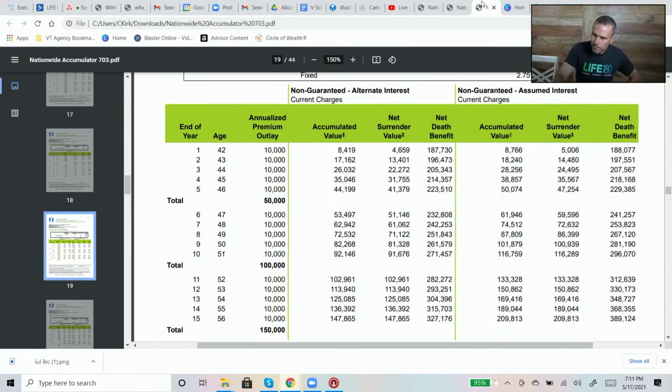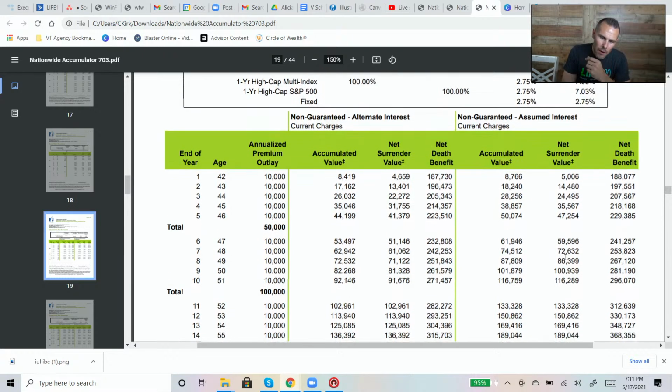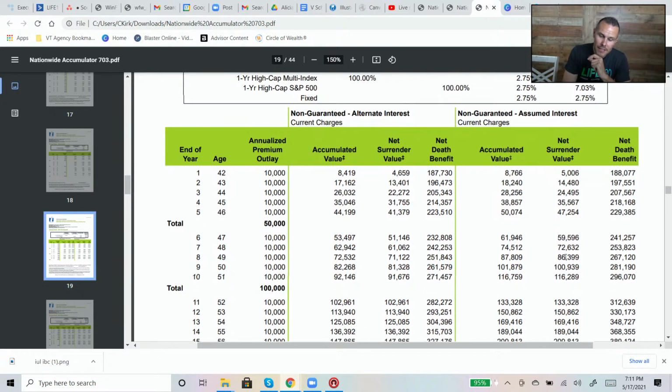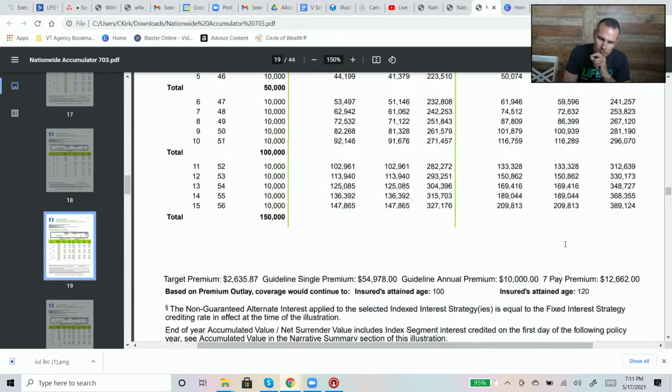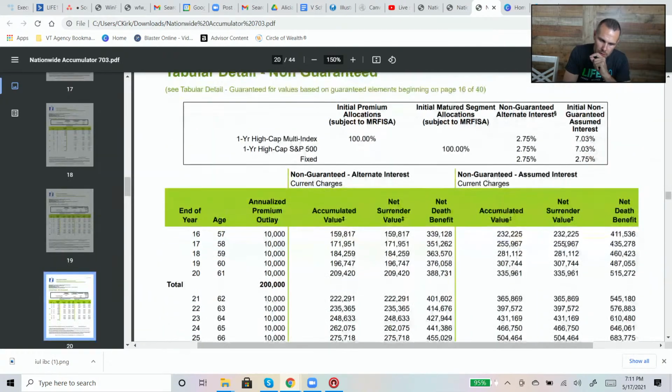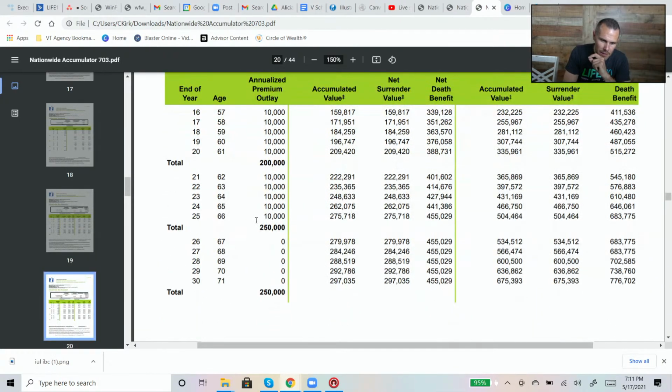So here we go. You can see here that at the 7.03, what I want to do is go through and look at the assumed values. This is why, because most people look at the 7.03% rate and the assumed rate in the net surrender value, and you look at here, it grows. By the time you hit year 65, you can see here up to 66, that is at the end of age 65.